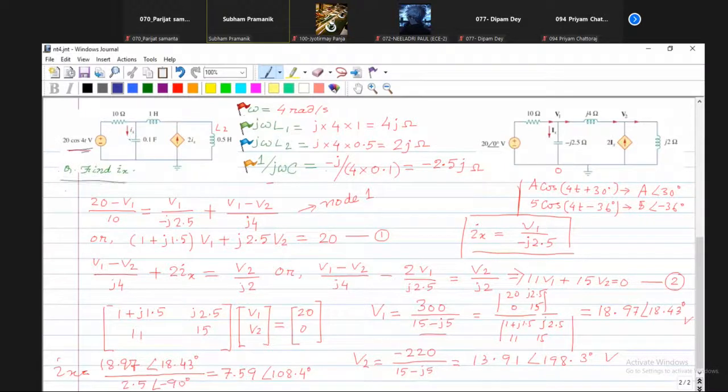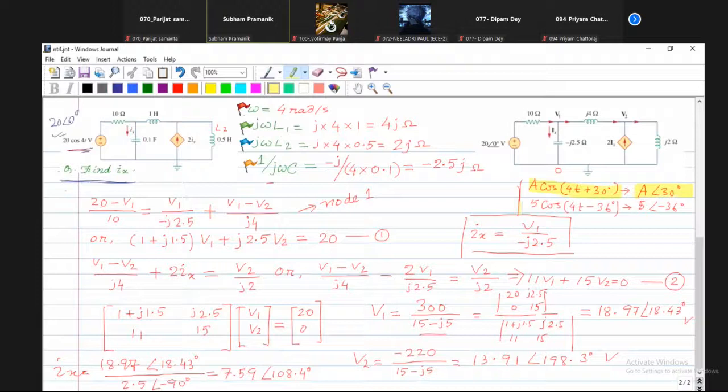Now, whenever this type of values are given, 20 cos 4t actually means 20 angle 0. A cos 4t plus 30 degree means an additional 30 degree is there, so A is the modulus and the angle is 30 degree.